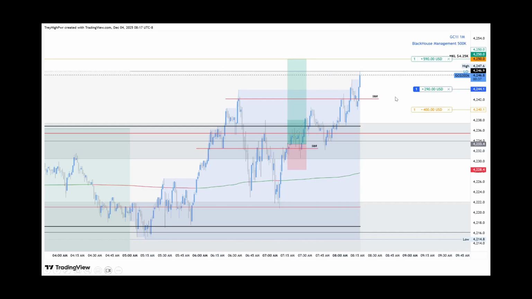As you can see, this is where we got stopped out on the first trade. Once price broke above this indecision bull candle with this strong bull candle, I entered, and I just covered the low, looking for a simple 1-to-1.